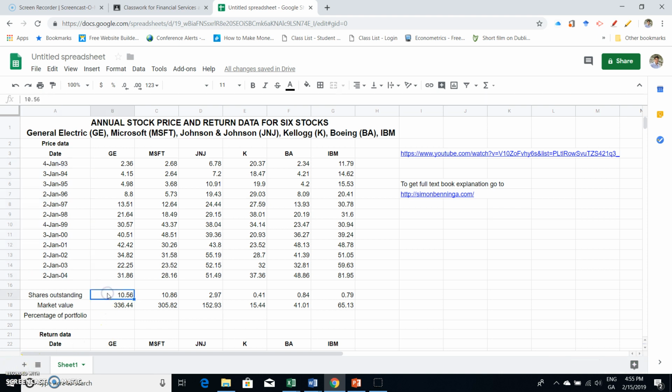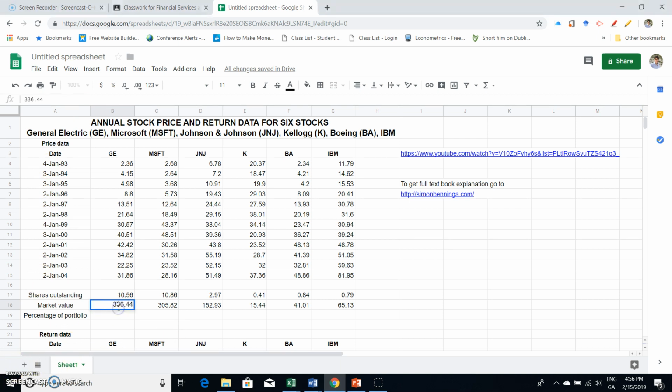This is not essential strictly for the variance covariance. It becomes more important for portfolio decisions, but we could say that we knew the number of shares outstanding, in millions, and that would allow us to estimate the market value.